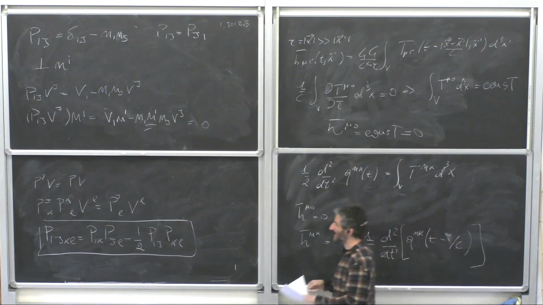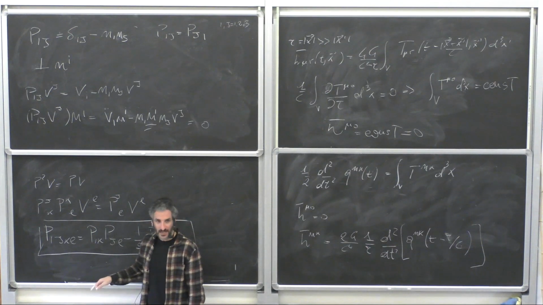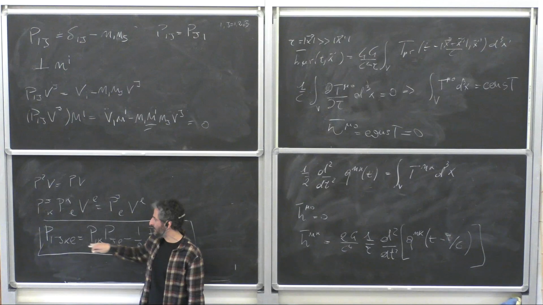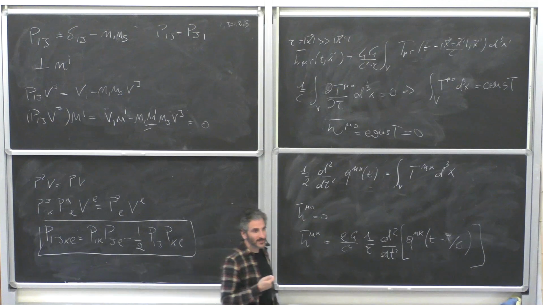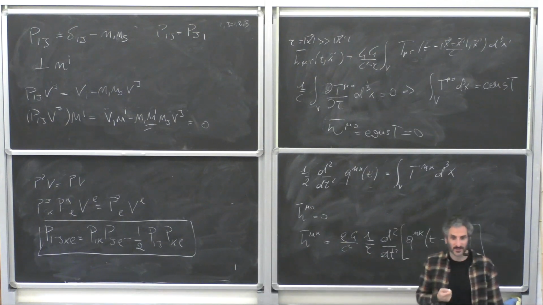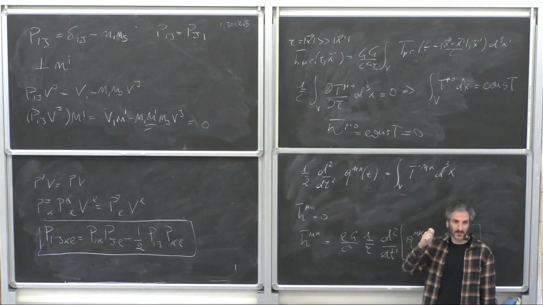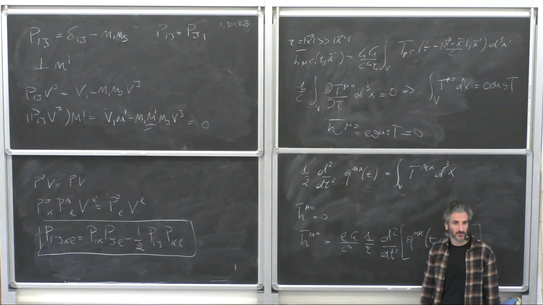If you take a tensor, as we're going to see in a second, and you project it using this projector, you extract the transverse traceless part, which is the one that by the end yesterday we showed corresponds to the degrees of freedom of gravitational waves.